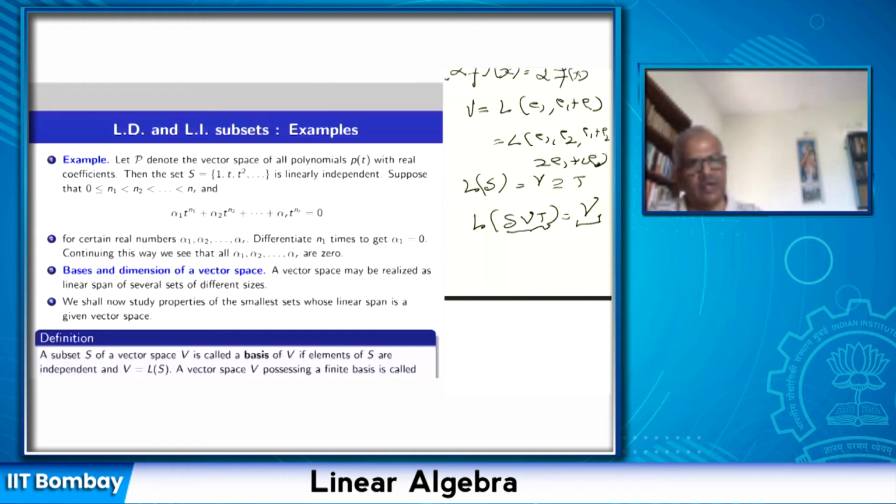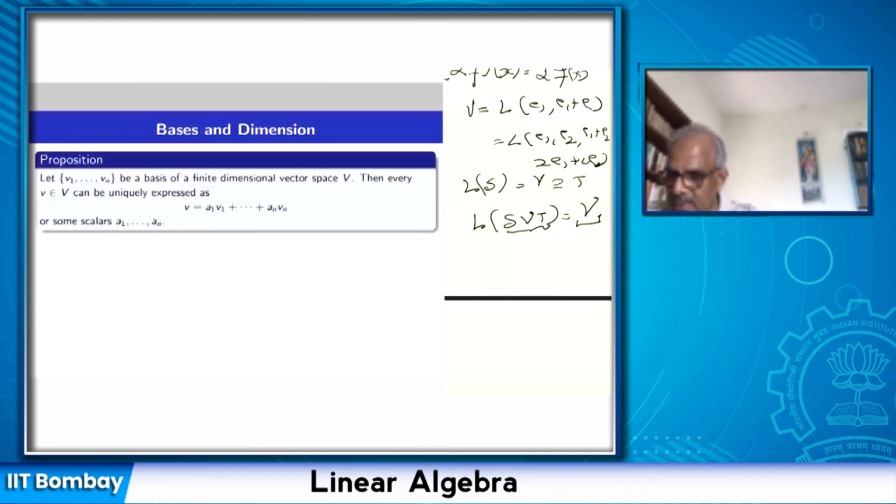For a finite set of polynomials, if I take linear combinations, there is an upper bound on the degree. So the real vector space of all real polynomials is obviously infinite dimensional.